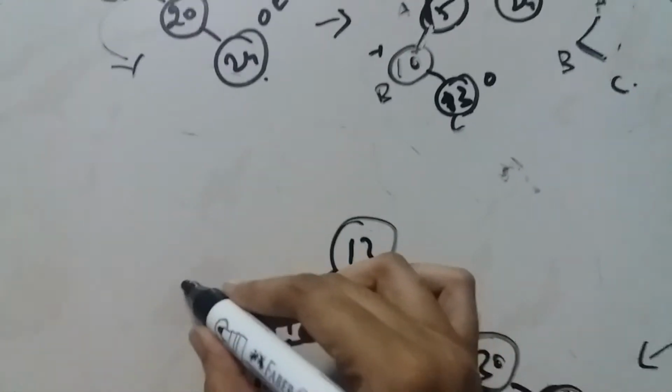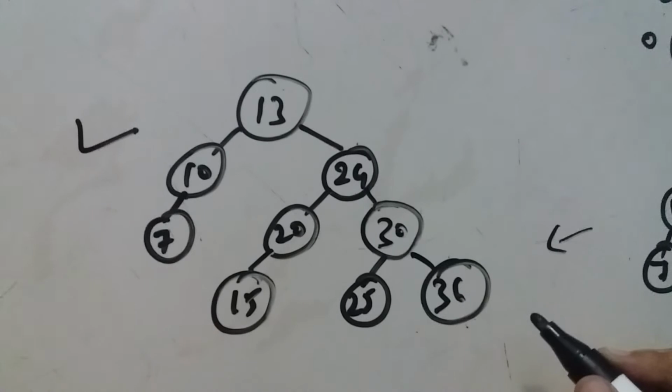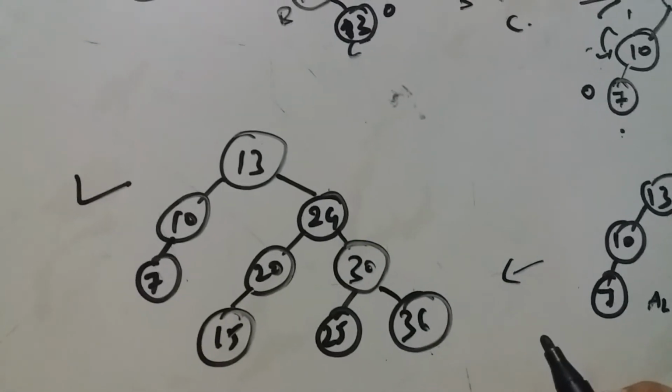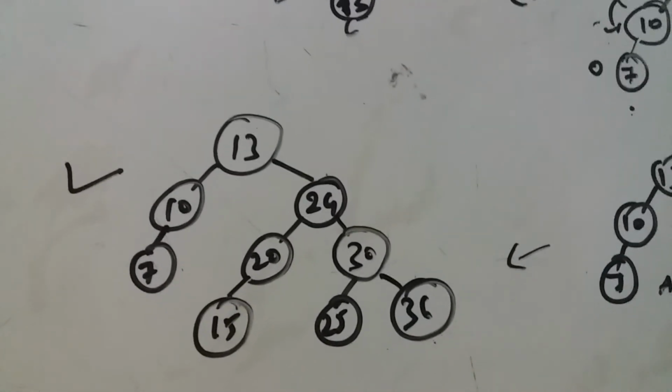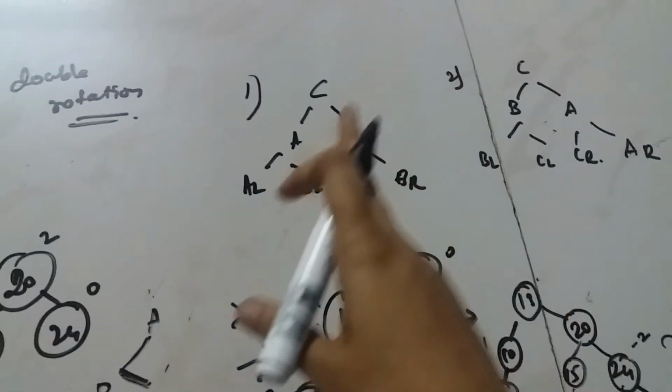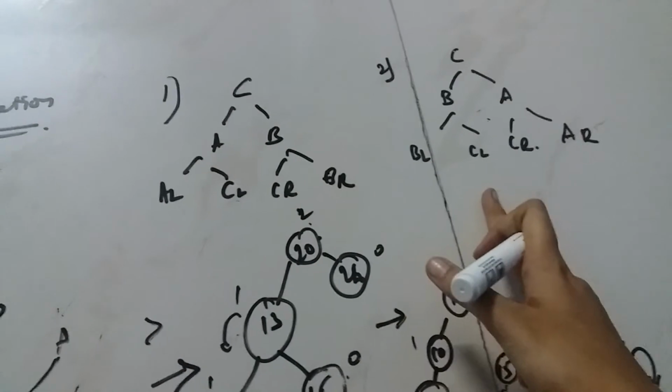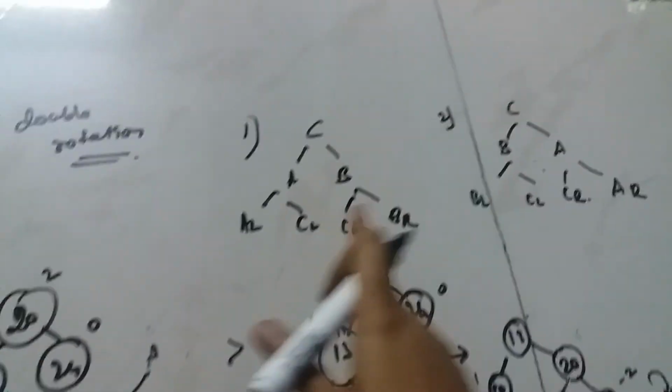So this will be the final tree of the given values. I hope you understand this trick to apply the double rotation in the AVL tree. These are the two formulas you need to consider. If it is a lesser symbol, this will be the formula. If it is a greater symbol, this will be the formula.